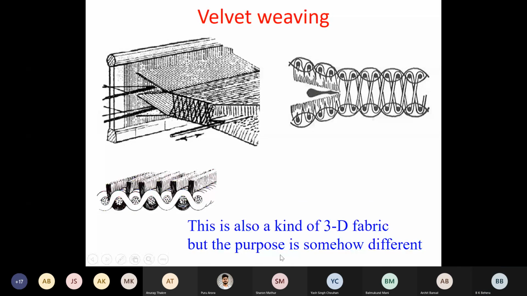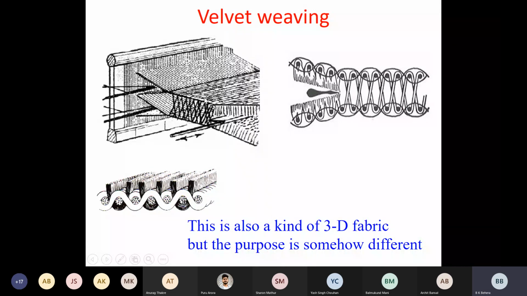But the purpose is somehow different. Here, the fabric which you produce, we cannot use it for making composite material. The purpose for which 3D fabric is produced is something different, either composite preform or protective or some other near net shape applications.